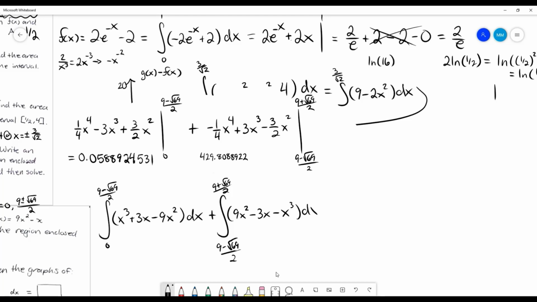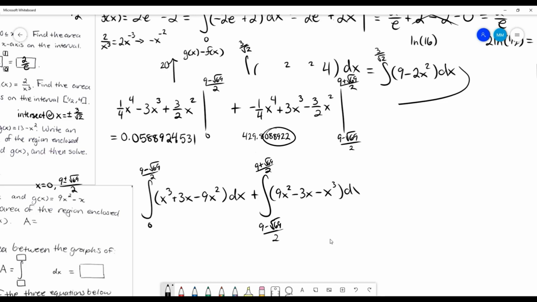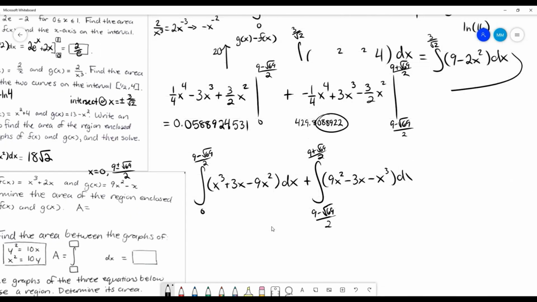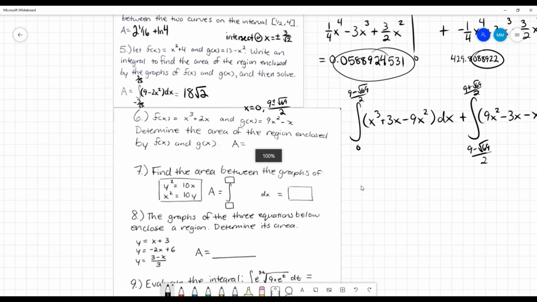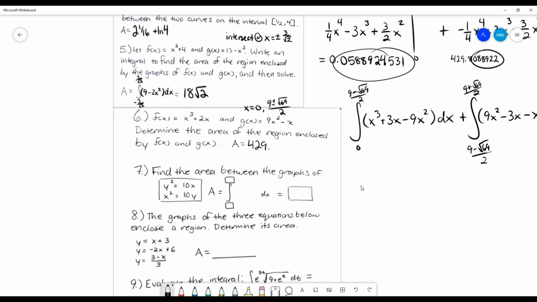So we get not a much bigger number. It really just changes the decimals like after this point. Then we add all of that to this for our final answer of roughly 429 and all of this.